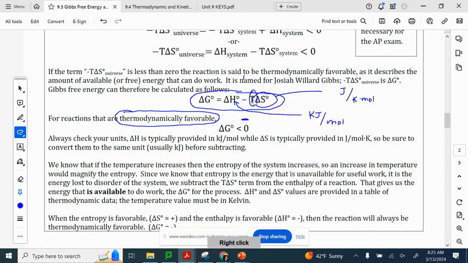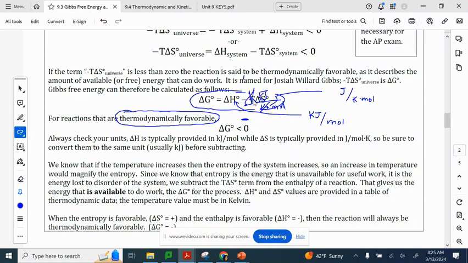So the other aspect of this equation here is temperature. And you have to have that in Kelvin. So this temperature will end up canceling out. If you have Kelvin here, and you've got this guy in joules per Kelvin mole, this Kelvin's going to cancel out.